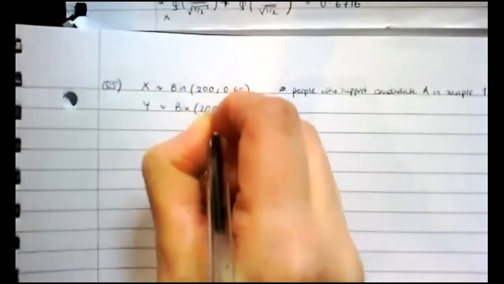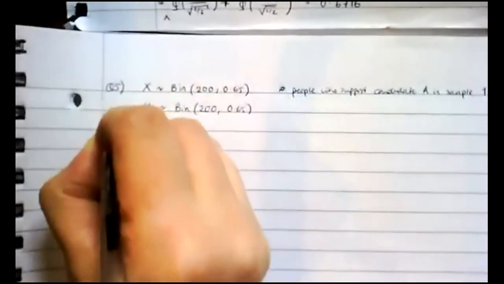We're thinking probably the parameter is 65%. We're expecting 65% of people to support candidate A. And I can define Y similarly, also binomial 200 and 0.65. I'm going to assume that X and Y are independent.